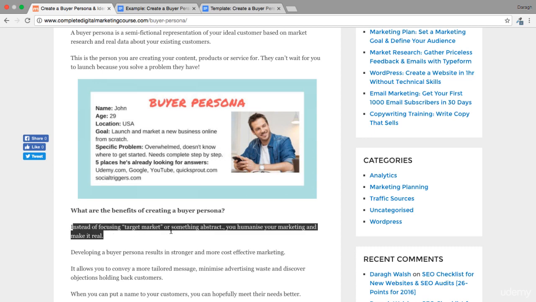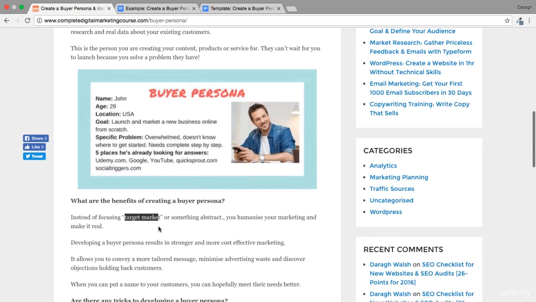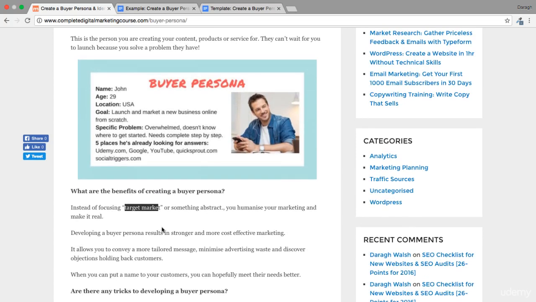Instead of focusing on target market or something like that, it's very hard to actually think about how I can help meet their needs if you're thinking in terms of target market. So really the buyer persona is just an exercise to humanize things, to make it real for you, and as a result you can make better products and have stronger and more cost-effective marketing, because you've got that more tailored message.